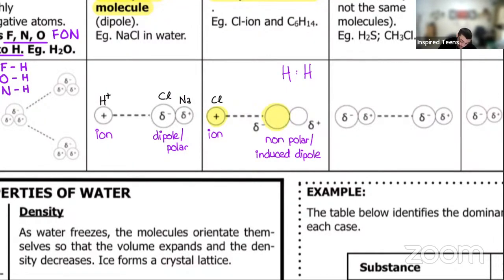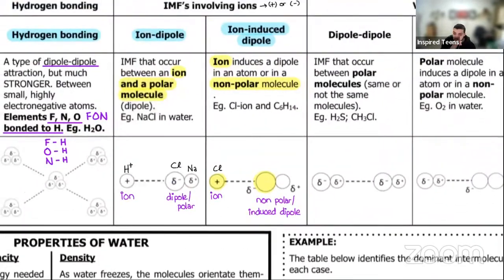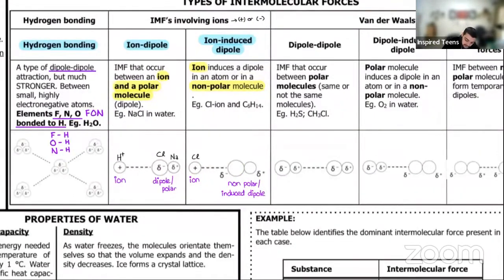However, when it bonds with an ion, the electrons all move to one side to attract to the positive, creating a partially negative and partially positive end. But that's not too important. What you need to remember is that an ion-induced dipole is an intermolecular force formed between an ion and an induced dipole, or a non-polar molecule. Okay, let's have a look at the next one.